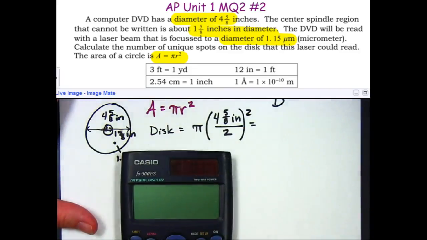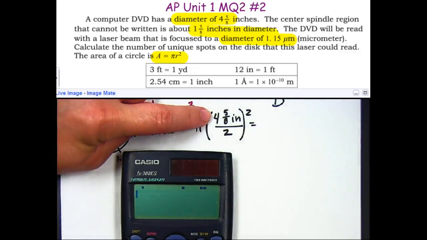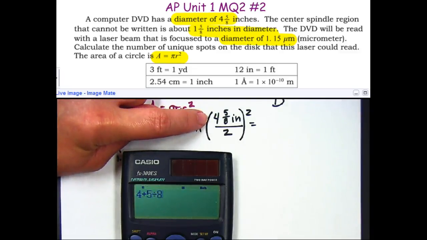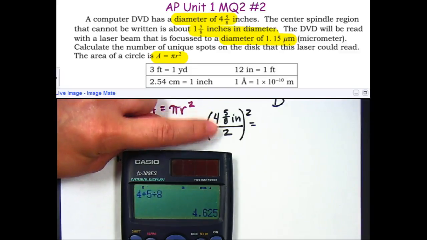So when we type that in the calculator, I'm going to start with 4 plus 5/8 of an inch, so 5 divided by 8, and that gives me 4.625 inches.